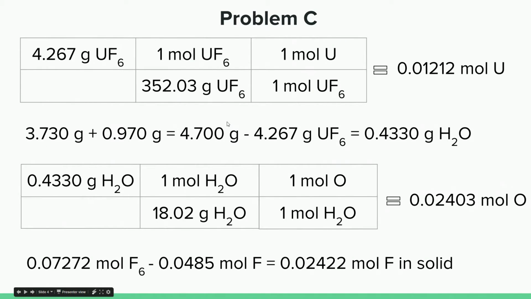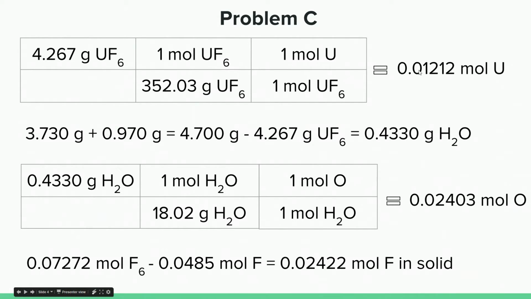Problem C asks us to find the formula of the solid product. First, we take the given 4.267 grams of UF6 and divide by its molar mass of 352.03 grams. And we multiply it by 1 mole of uranium because there's only 1 atom of uranium in the total UF6.